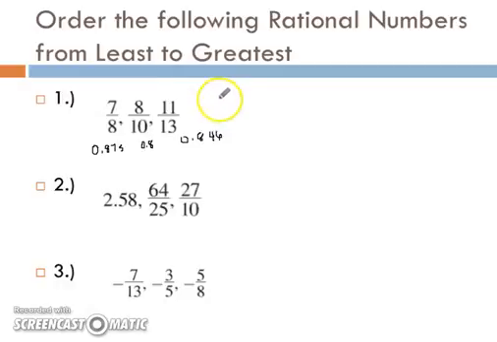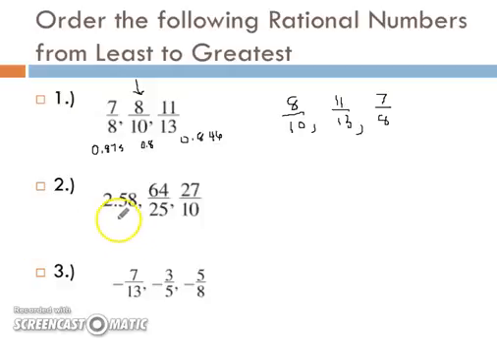So to put them in numerical order, least to greatest, the smallest one is 8/10 at 0.8. So we'd list 8/10, and then 0.846. This one is the next smallest. So 11/13, and the last one, 7/8 is our largest number.